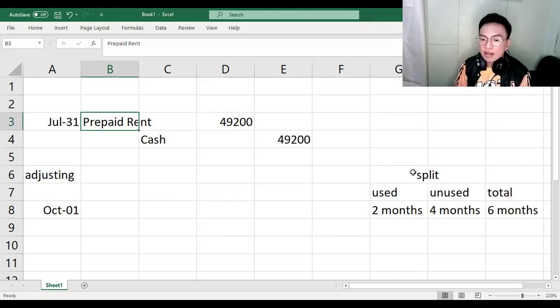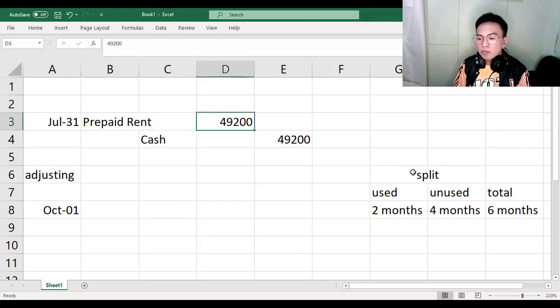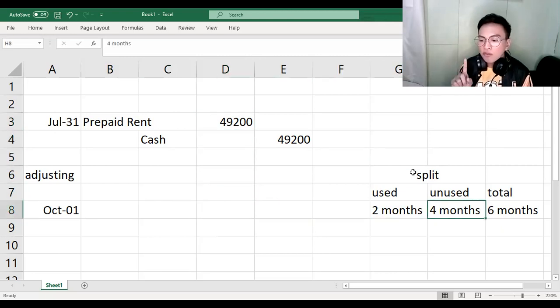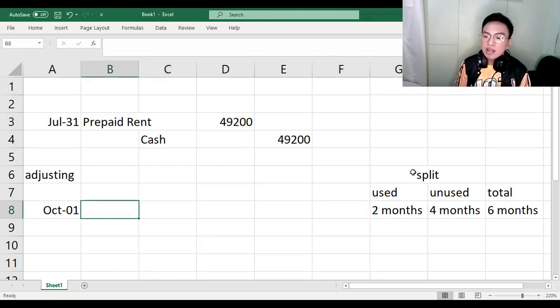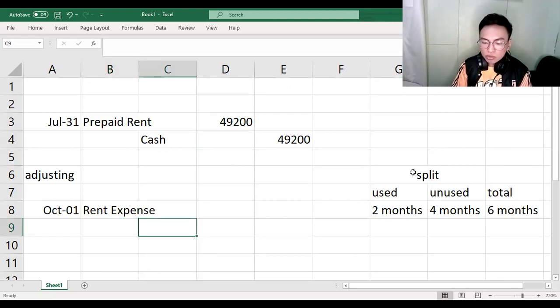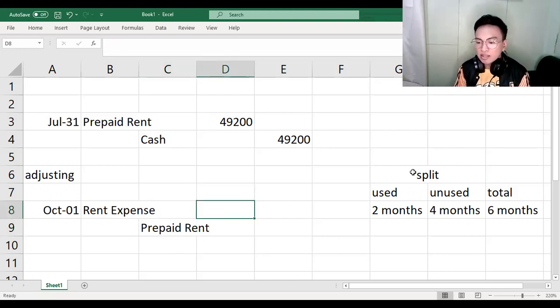Ang question natin, paano natin siya from 6 months na 49,200, paparatingin natin siya na maging 4 months na lang. So we adjust it by first showing that there is a used portion, which will be deducted from the asset we recognized. Then expense.